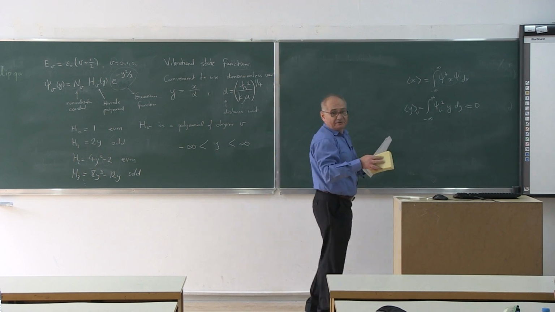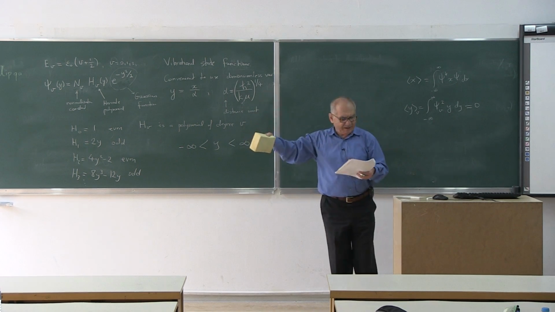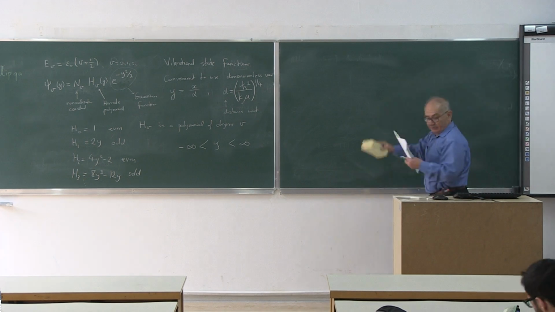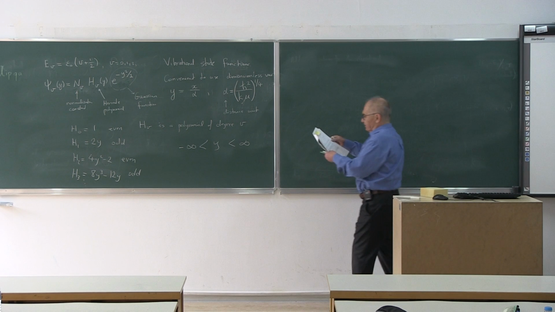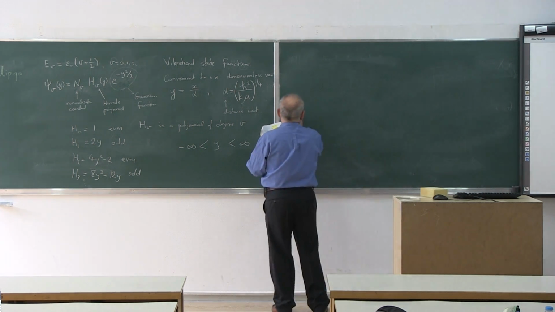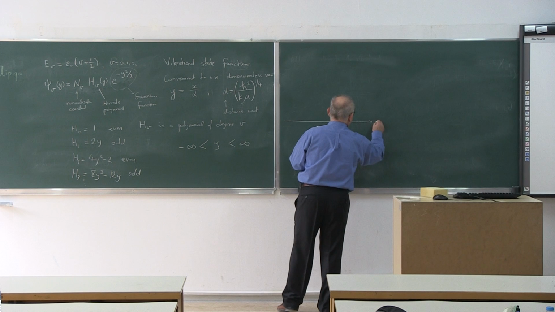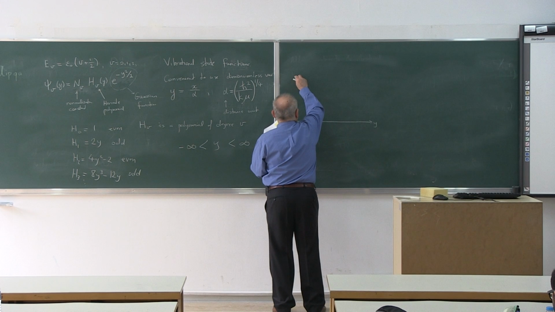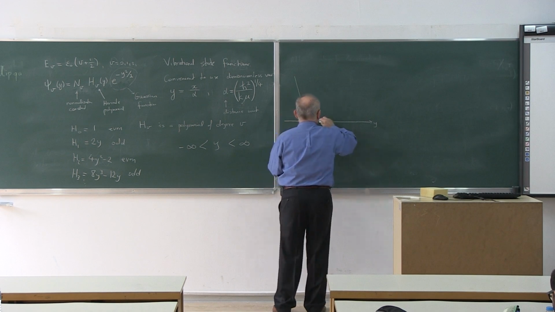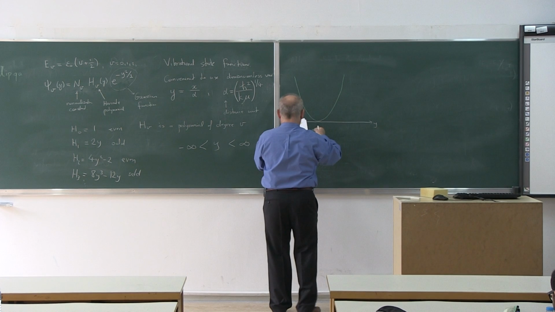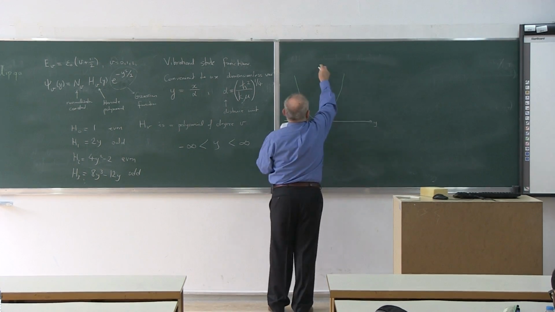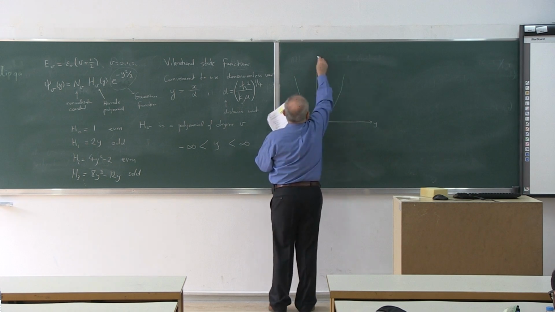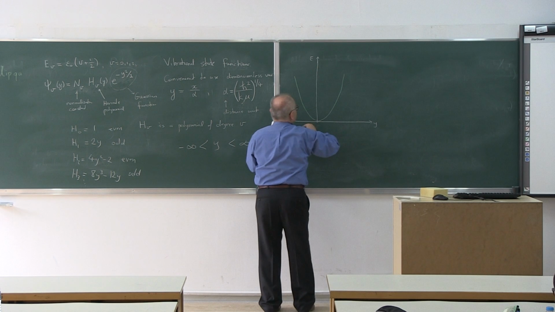All right. Let us show the graphs of these functions, or rather squares of them, on the vibrational potential energy. So let us write this as y. Now I'm first drawing my harmonic potential. This is the energy axis.